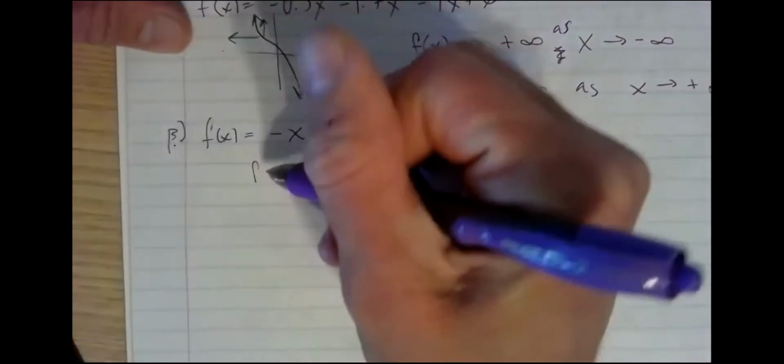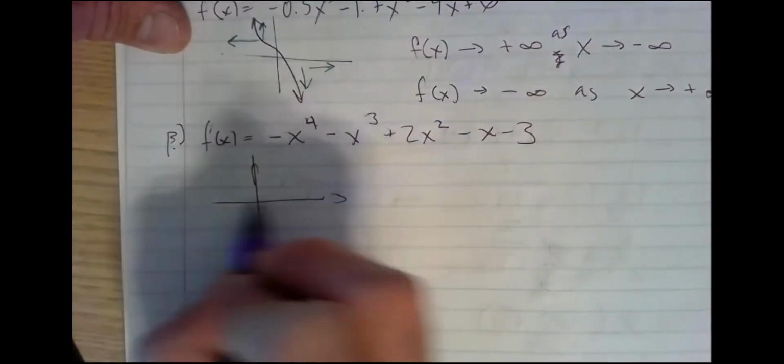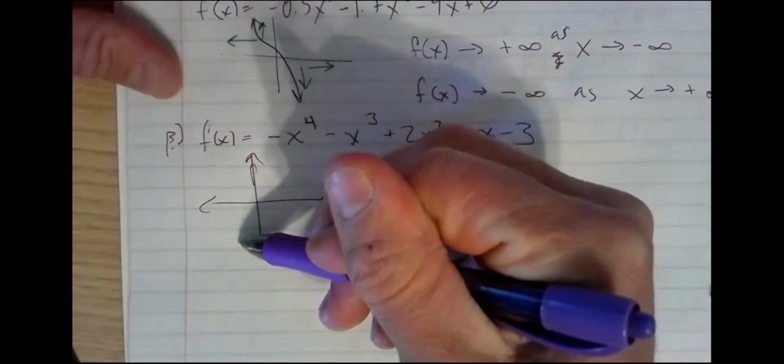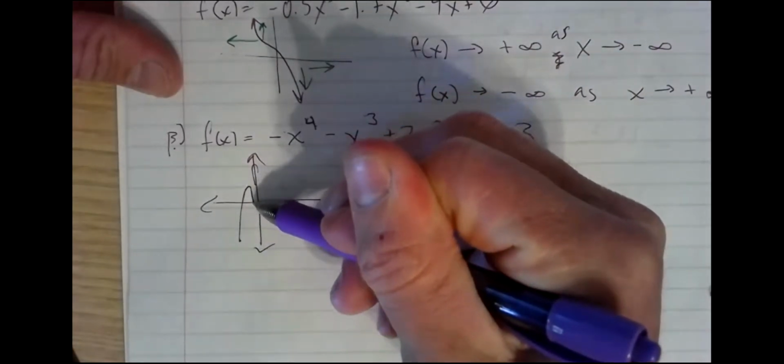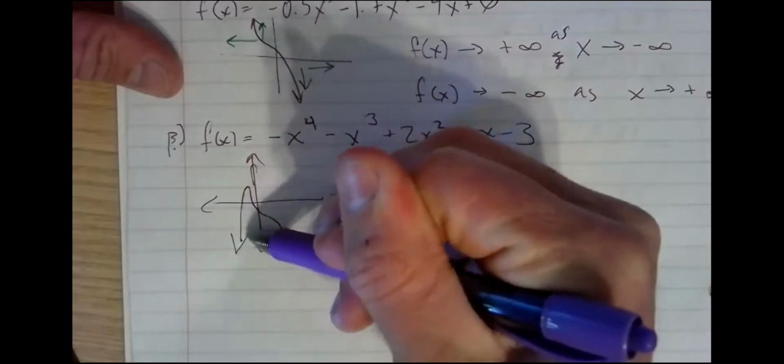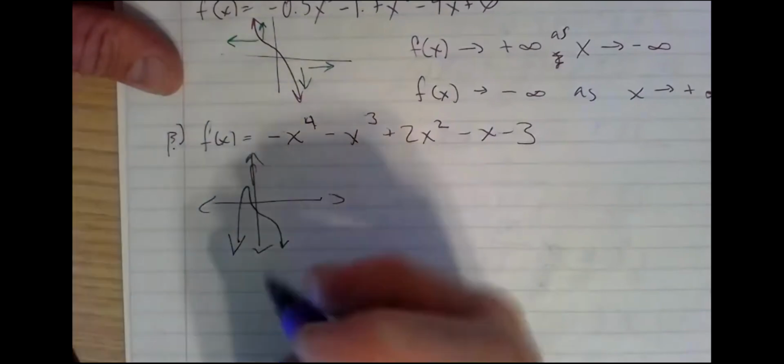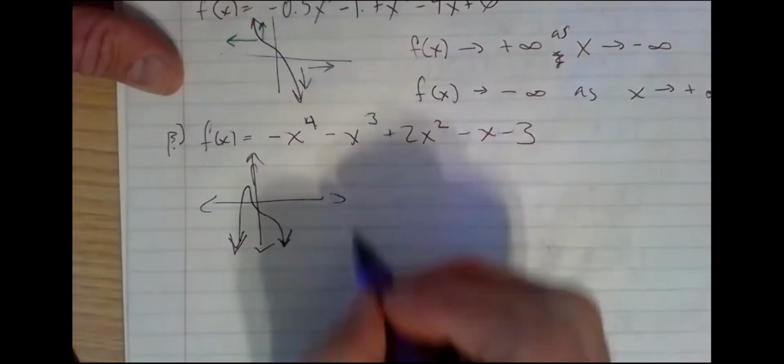So, let's draw a sketch real quick, just to remember. You should be looking at it on your screen, but then again, maybe you don't have enough screen space. Like I don't have enough screen space. Okay, so general sketch, right? Goes down both sides.